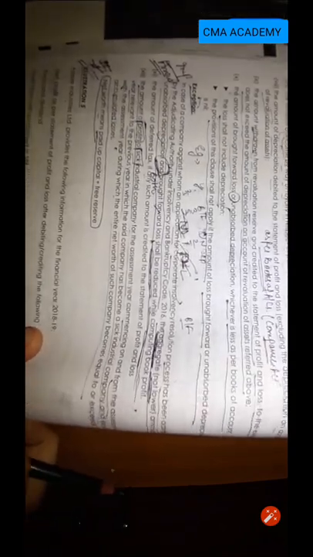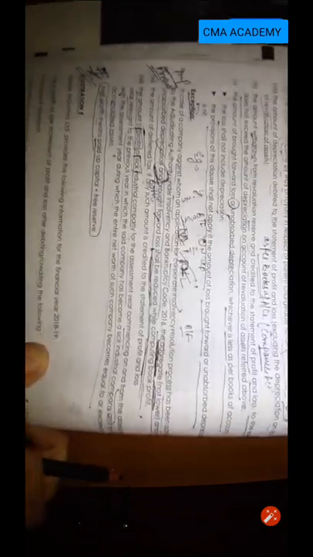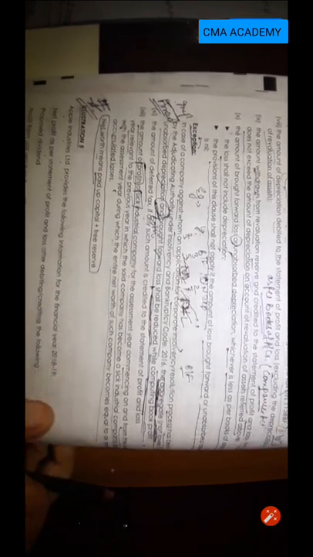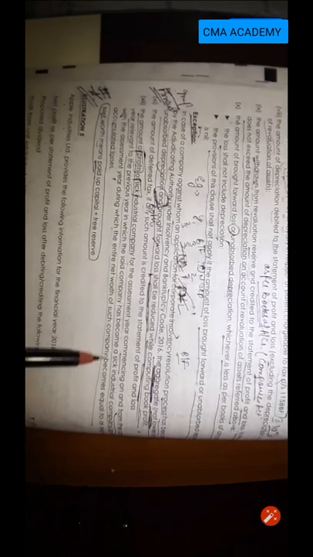Next is the amount of profit of a sick industrial company for the assessment year commencing from the assessment year relevant to the previous year in which the said company has become a sick industrial company, and ending with the assessment year during which the entire net worth of such company becomes equal to or exceeds the accumulated loss.